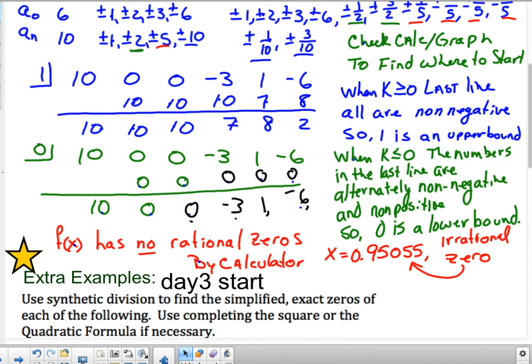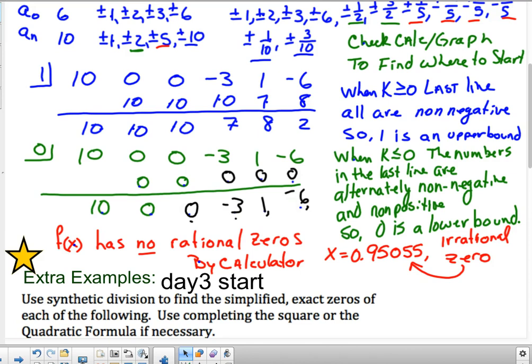If we look at that and we look at the picture, I actually found them using my zero function in my calculator. And I am allowing notes to go fast because all I did was graph the function and then do my zero function. Where does it cross the axis? So I'm not going to slow that down unless you want to have that. I can show you in person if you're not sure.